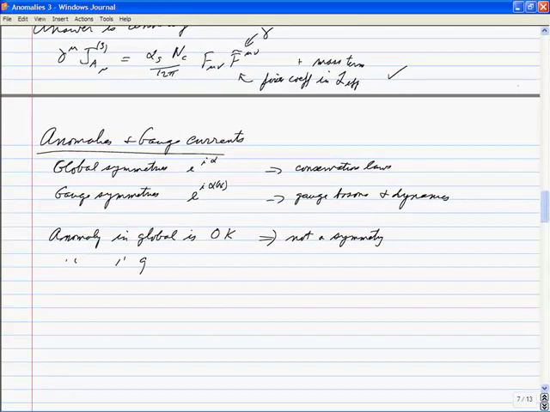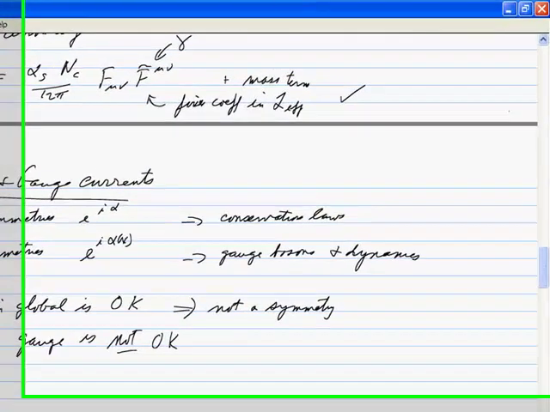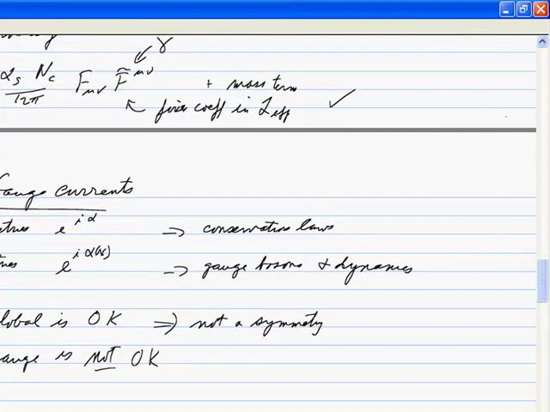But an anomaly in a gauge symmetry is not okay. Okay? And you can have a long and scholarly discussion about what goes wrong, but the answer is it goes wrong. It forces the gauge theory to be inconsistent.